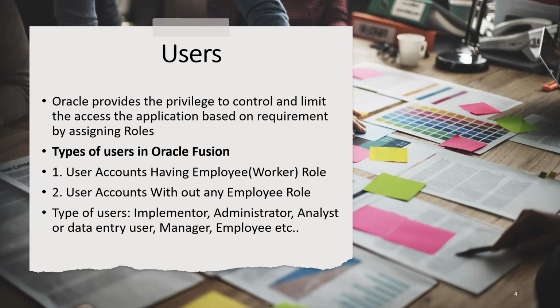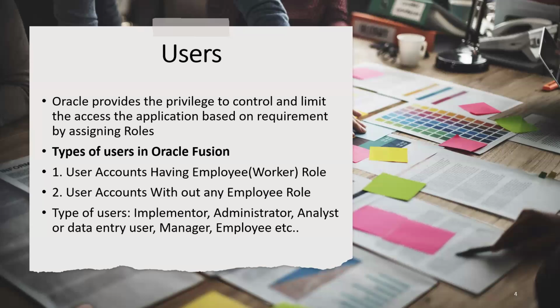In the previous example, the employee is part of the organization, one of the 100 employees, but he has some special access in the application since he is working in the AP, account payable, department. Now the second type of user.